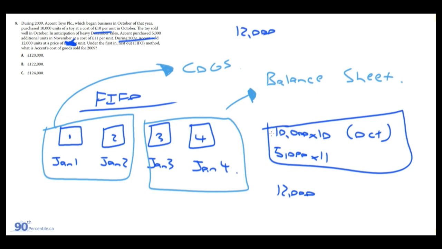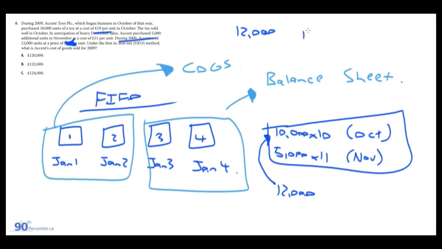So the first 10,000 that we sell, the cost of goods sold is going to come from this purchase that we made in October. And then the remaining 2,000 that we sold are going to come from this batch that we bought in November. So we've got to figure out the cost of these 12,000 toys that we sold.